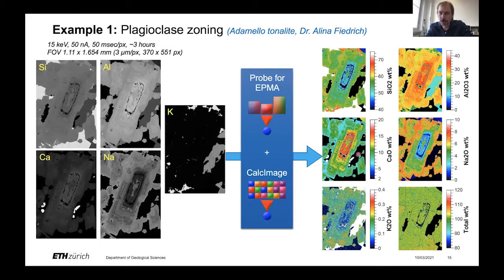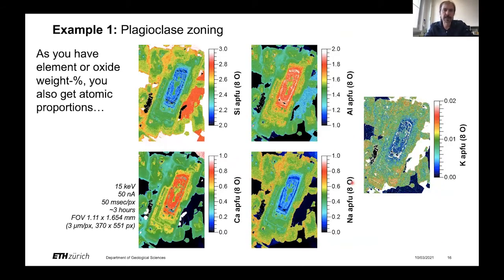Moreover, once you have these maps, again, we can extract other data, like something that speaks more to us, that is atomic proportion. Here I have performed an oxygen normalization based on 8 oxygens, and now we see the atoms per formula unit, and we can directly pull out the anorthite, albite, and feldspar components.